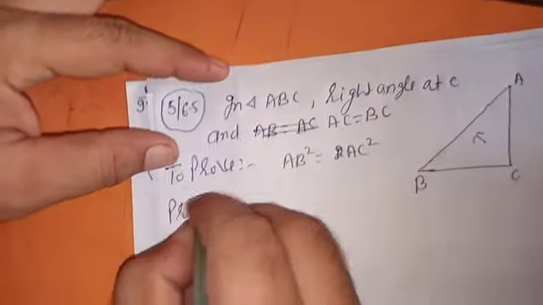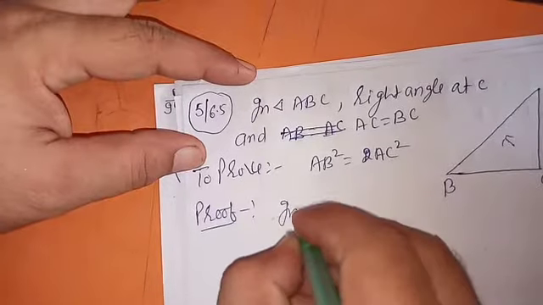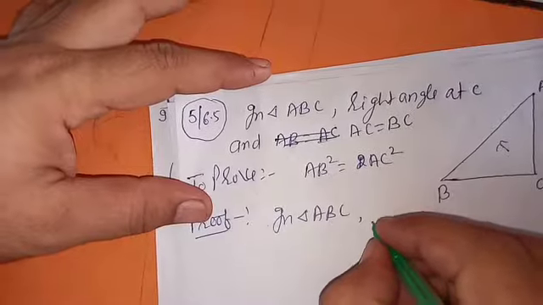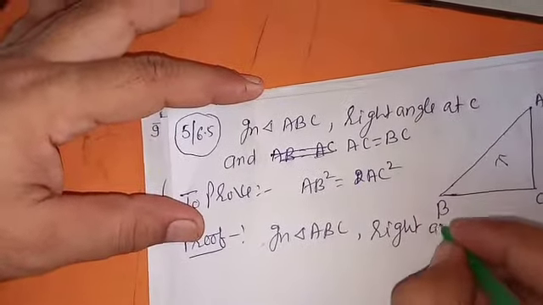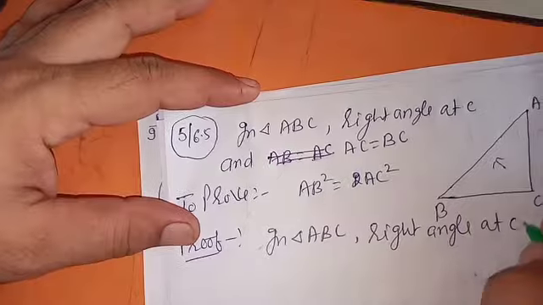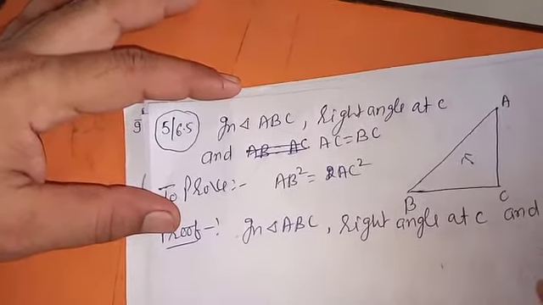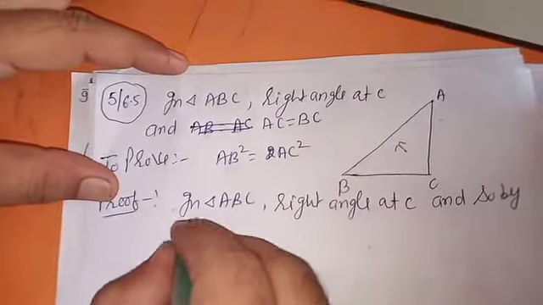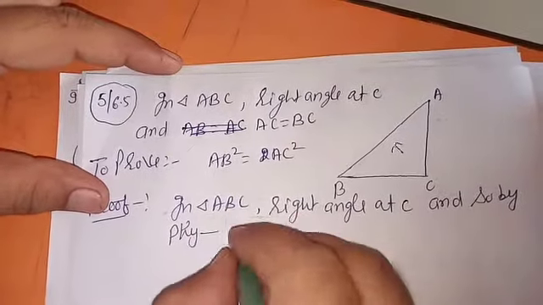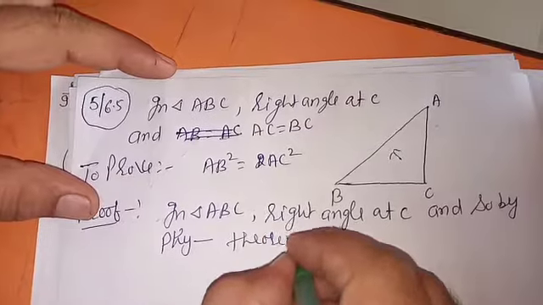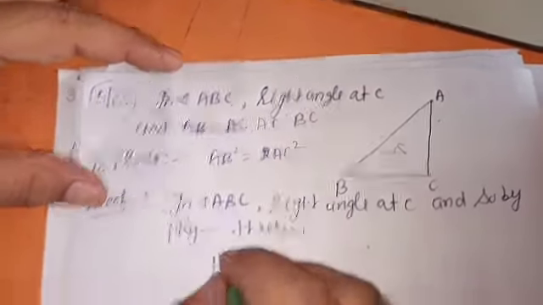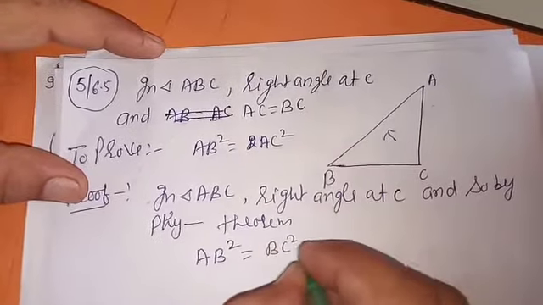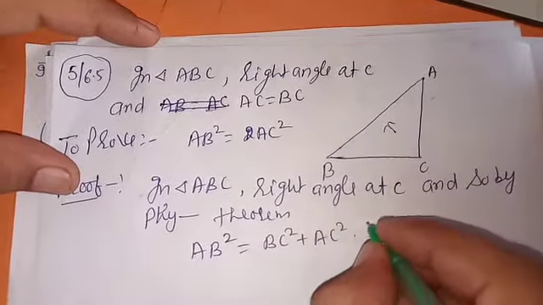Proof: in triangle ABC, right angle at C, by Pythagoras theorem we know AB square is equal to BC square plus AC square.